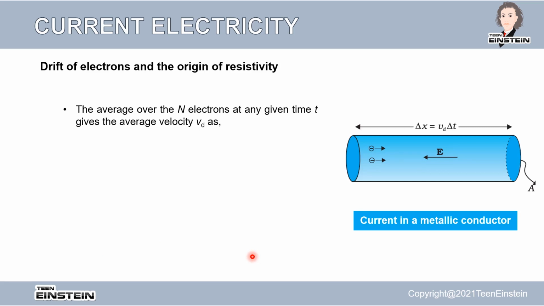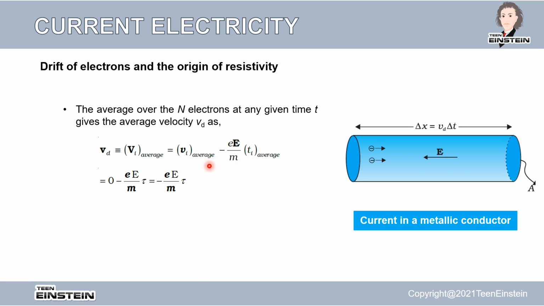Now let's take the average of this velocity over n electrons at a given time t. So the average velocity, we will say, is v_d. We are just taking the average of that equation for all the quantities. So u_i, the initial velocity average, minus a t_i average. The initial velocity average is going to be 0, because before applying the field, the electrons were randomly moving.